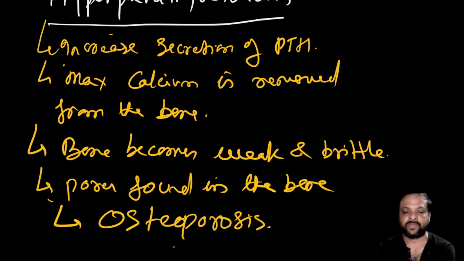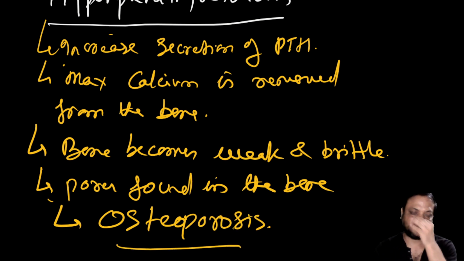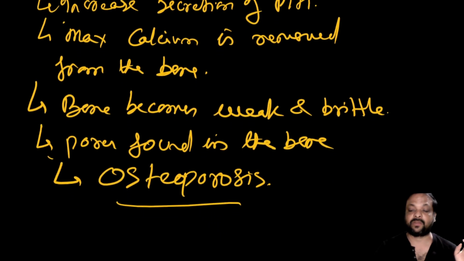Osteoporosis. So what happened? Increased parathormone removes maximum calcium from the bone. As a result, demineralization is maximum. When demineralization is maximum, the bone becomes weak, brittle and porous. And when it gets porous, the disease so formed is called osteoporosis. Got it?